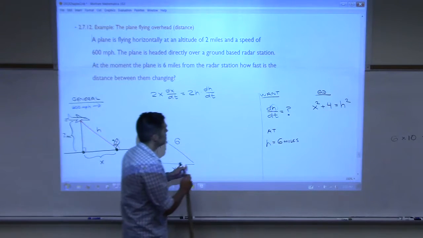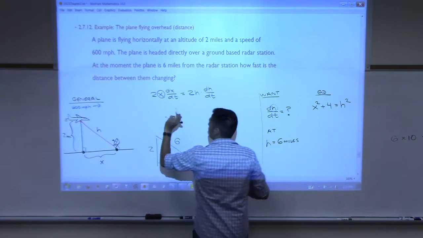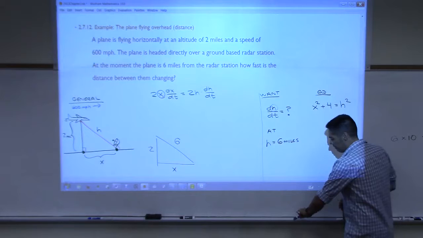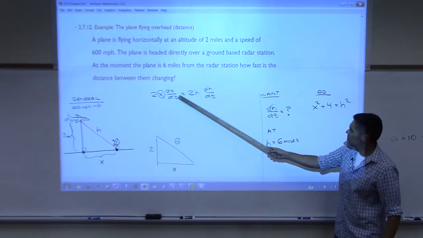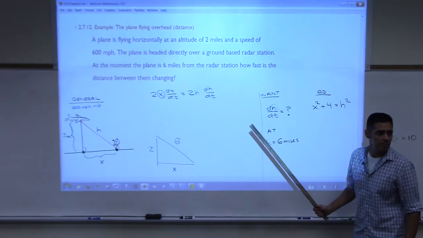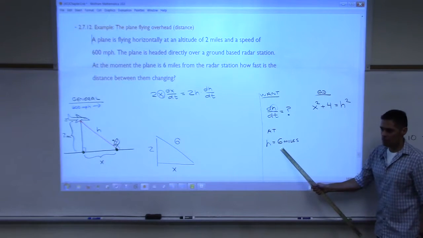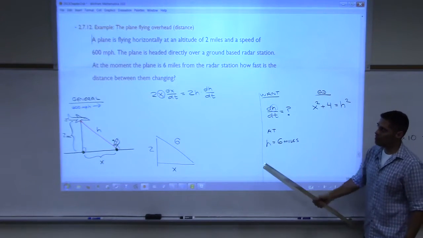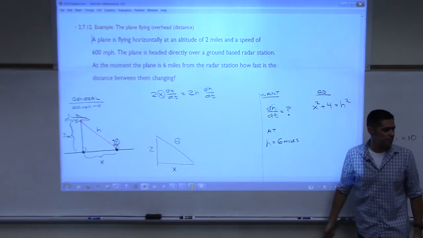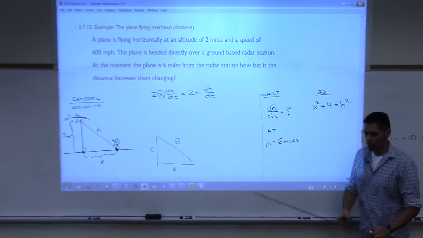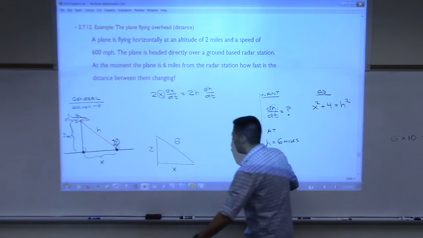I'm going to come back to that. How about everything else? dx/dt, negative 600, right? Do I know h at the moment in time? 6, right? And then dh/dt is what I'm trying to solve for. So I should be in business as long as I can find that x.